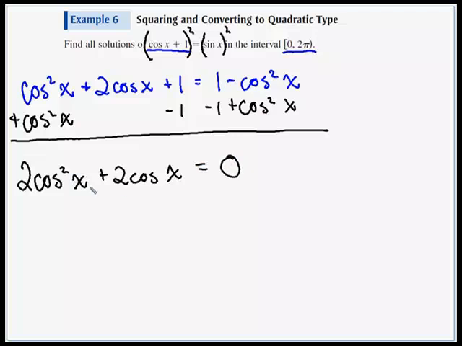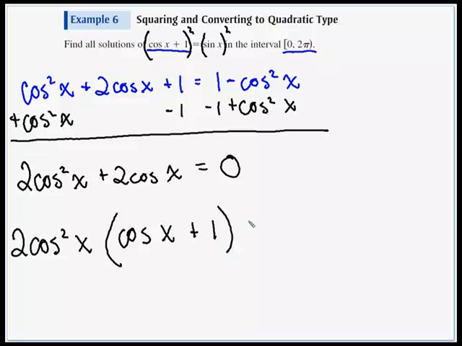And we can factor this side out a little bit. We have common terms. We can factor out a 2, and we can factor out a cos. So we're going to be left with cosine of x plus 1 equals 0.